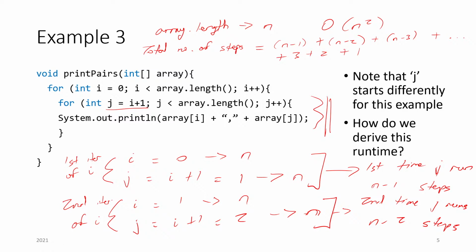And that formula looks very familiar, doesn't it? Isn't that formula the same thing as the sum of 1 to n minus 1?